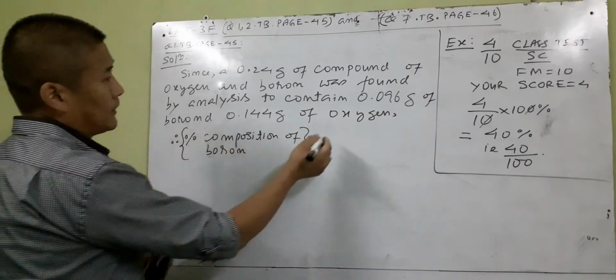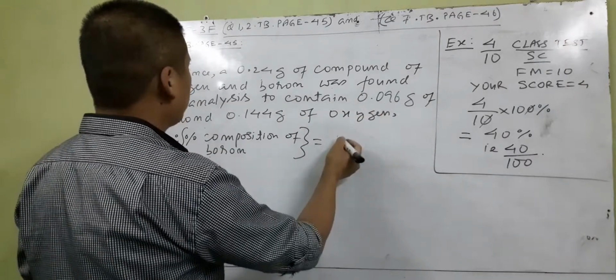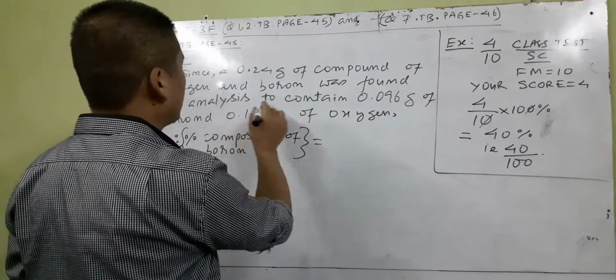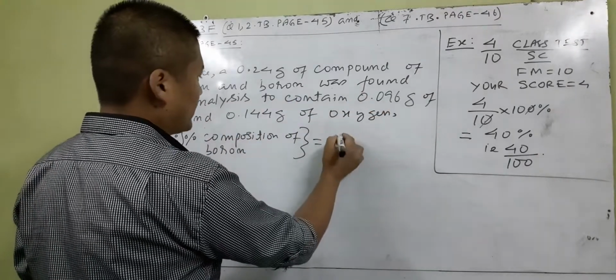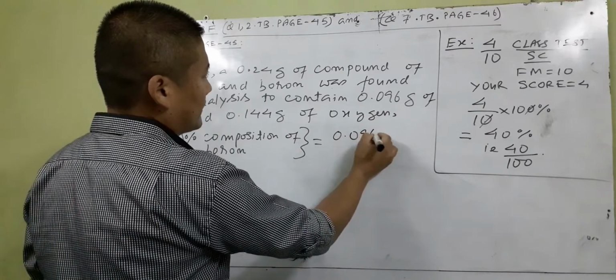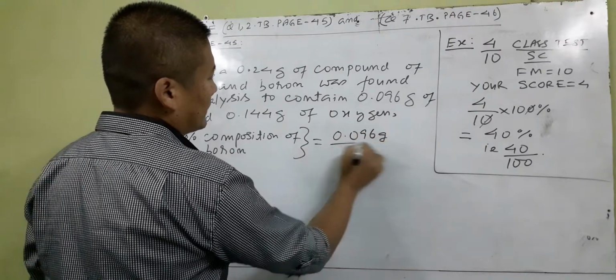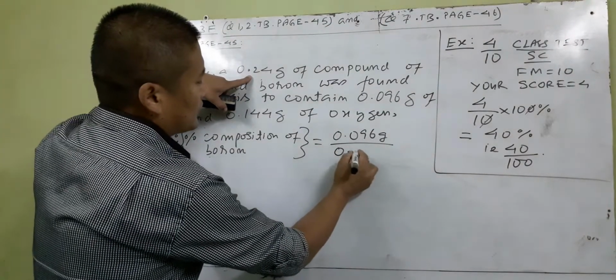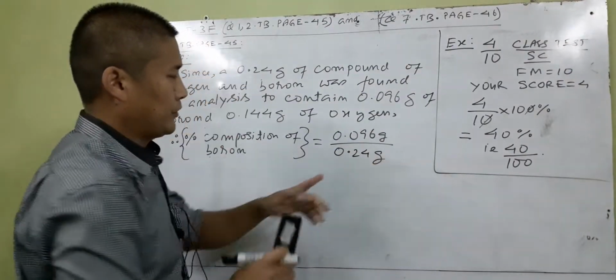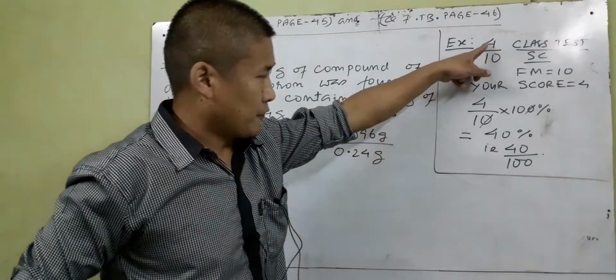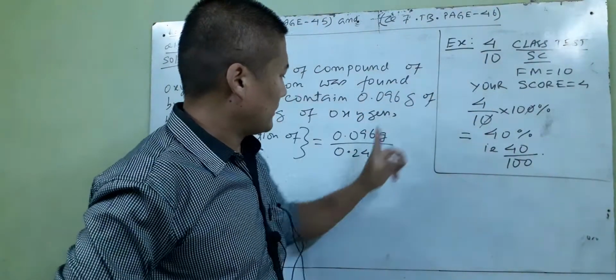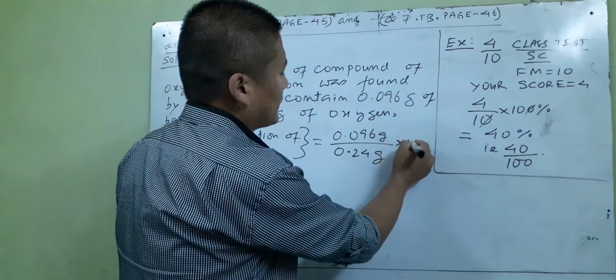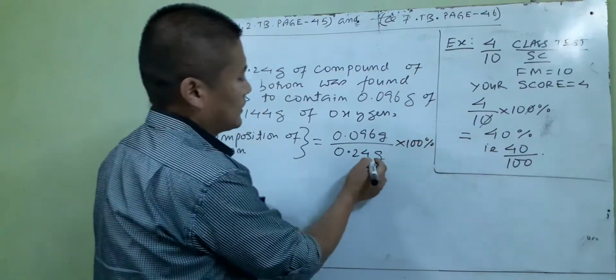Now the total mass by analysis is found to be, boron is 0.096 gram divided by the total mass of the whole sample, 0.24 gram. So this is like your individual test mark 4, and this is like your total mark, total mass. So if you multiply by 100, then that is called your percentage.